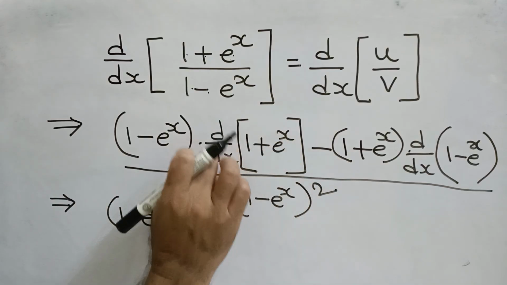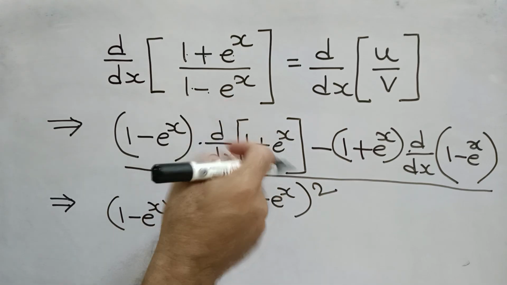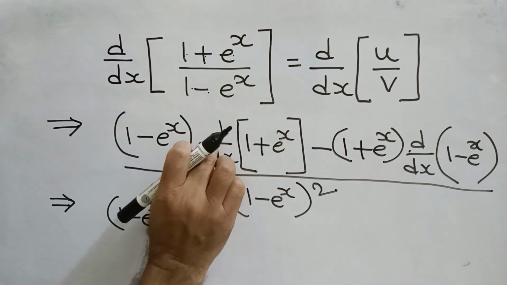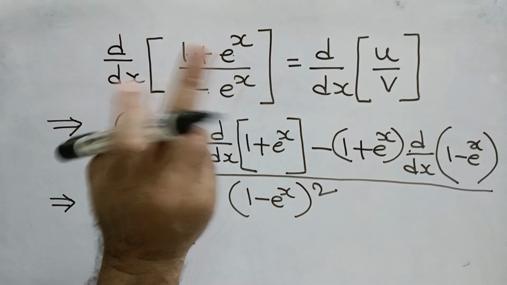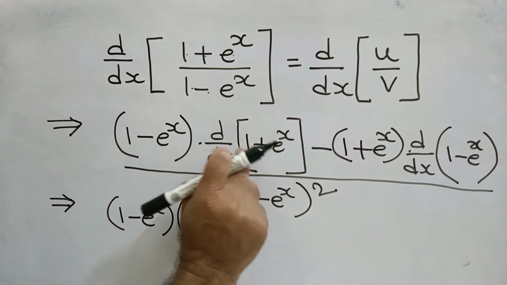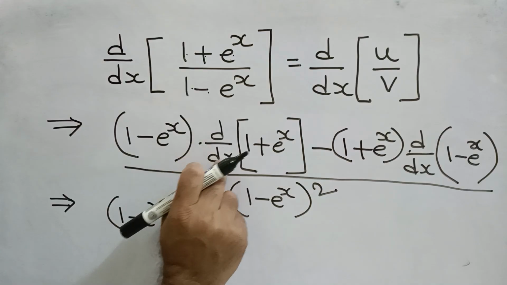You can write d by dx of 1. Remember, I already told you in the previous presentation that 1 is a constant. 1, 2, 3, 4, any number, we have to consider as a constant. Therefore, d by dx of any number or constant is always 0. Therefore, d by dx of 1 is 0. Getting? Therefore, what remains here is d by dx of e power x.